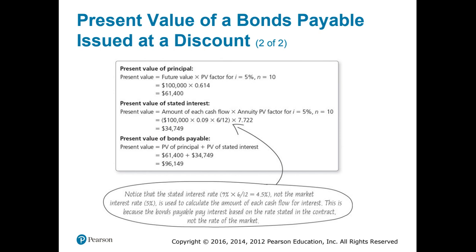So, present value of principal. This is a good slide to come back to because it's listing out the three different formulas. To find the present value of principal, you take the future value times the present value factor for i equals 5% and n equals 10.